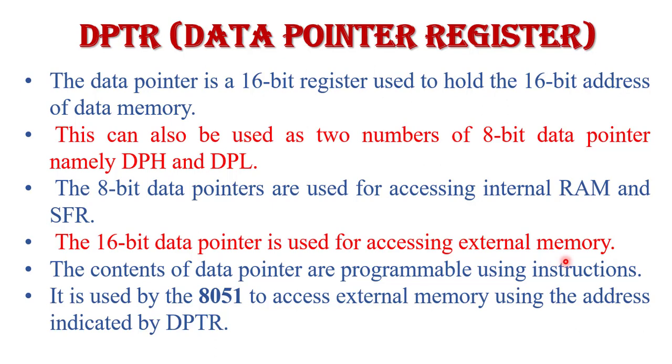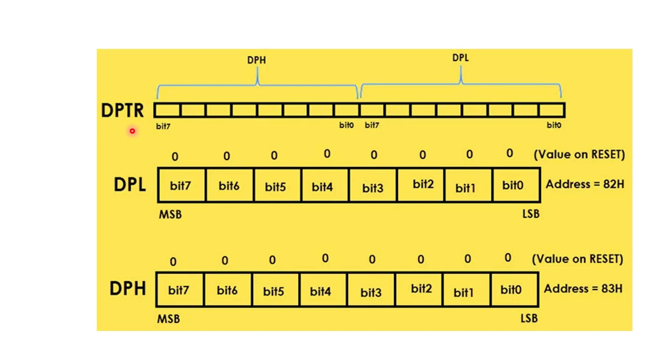But DPTR doesn't have a physical memory address in the special function register area, whereas DPL and DPH have separate addresses in the special function register area in internal RAM. That is, for DPL the address is 82H and for DPH the address is 83H. So here we see DPTR is the data pointer register. It is a 16-bit register, divided into two 8-bit registers, DPH, the data pointer higher byte register, and DPL, the data pointer lower byte register.